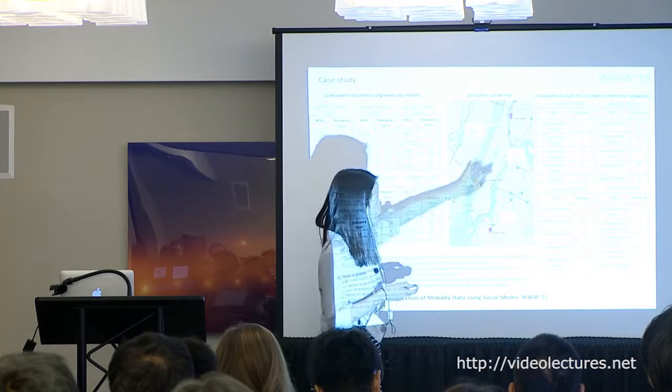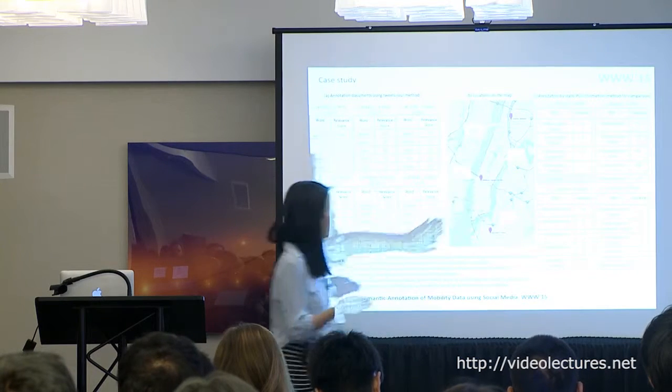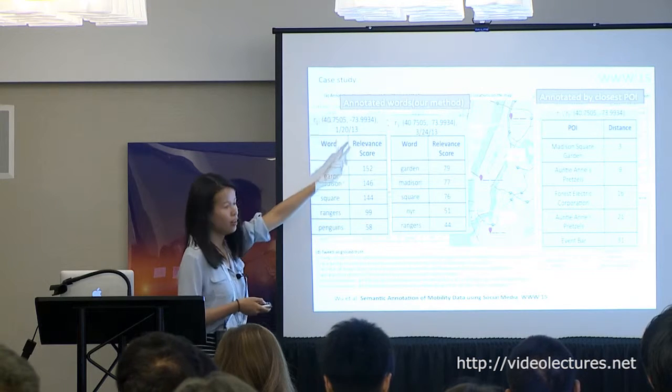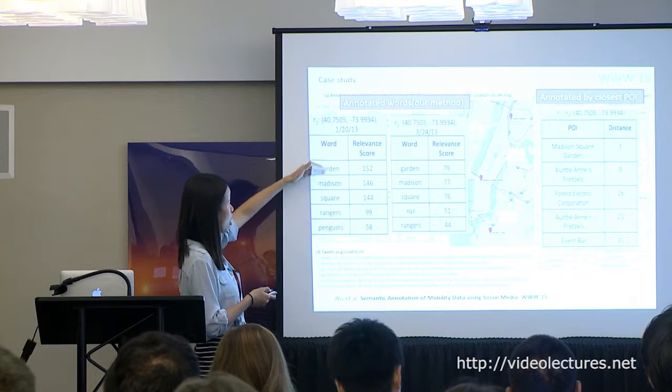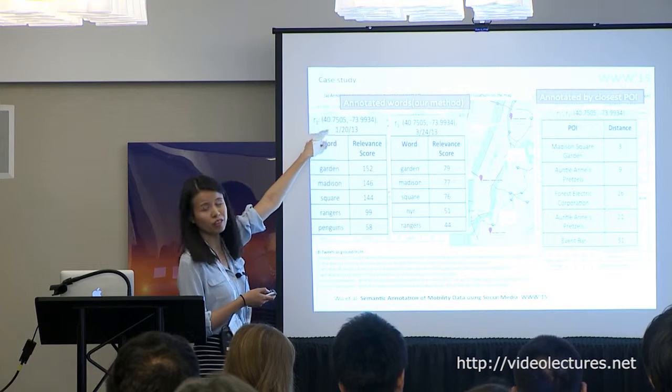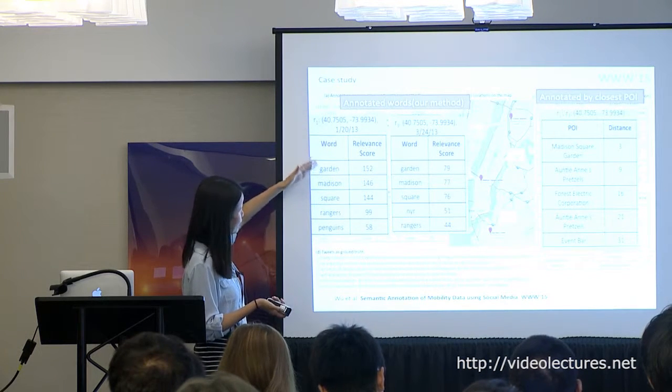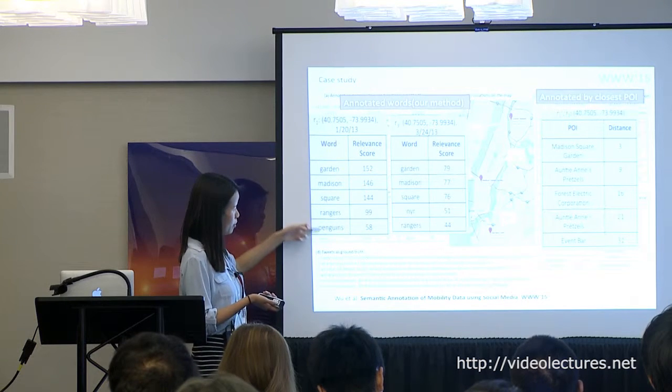Suppose this person is in Manhattan several times. So we can do the annotation for this location. The top keywords for this location are garden, Madison Square. So basically, Madison Square Garden and Rangers and Penguins.